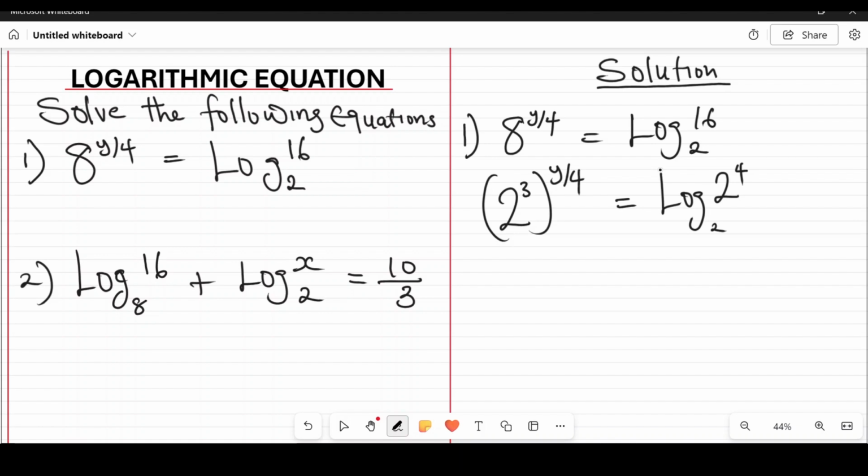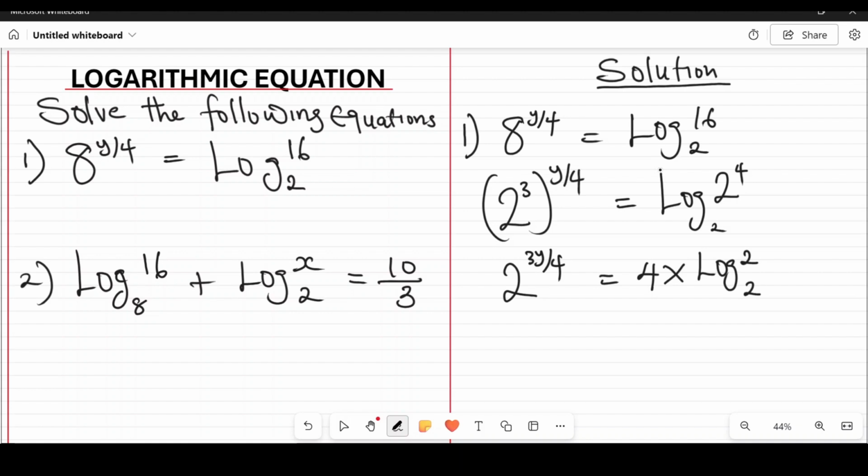So from here I have 2 raised to the power of 3y divided by 4 equals, now from our index law, my right hand side becomes 4 times log 2 to base 2.